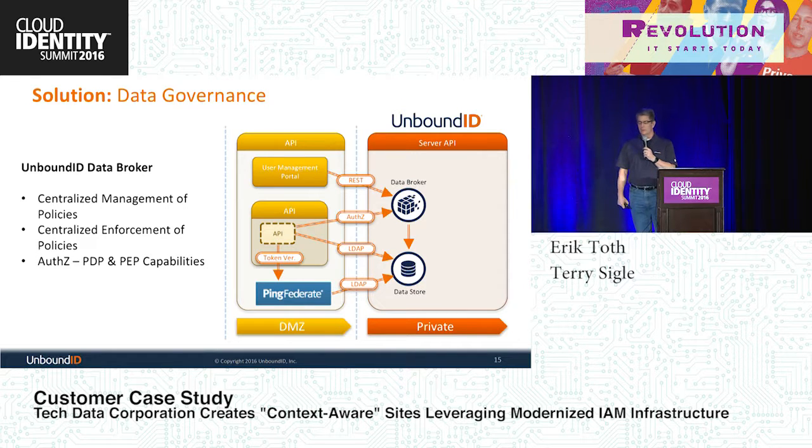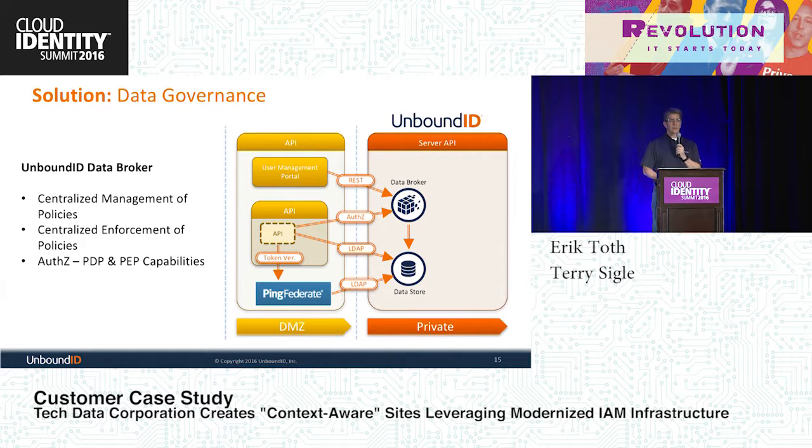In this case here, you see the data broker on the right side there, talking to our data store, the one profile for the user in this case. And in cases where the user management portal is needing data, they're making a REST call to the data broker with an OAuth 2 request. And they would get that response back. But in that data broker, it would be performing different policy.